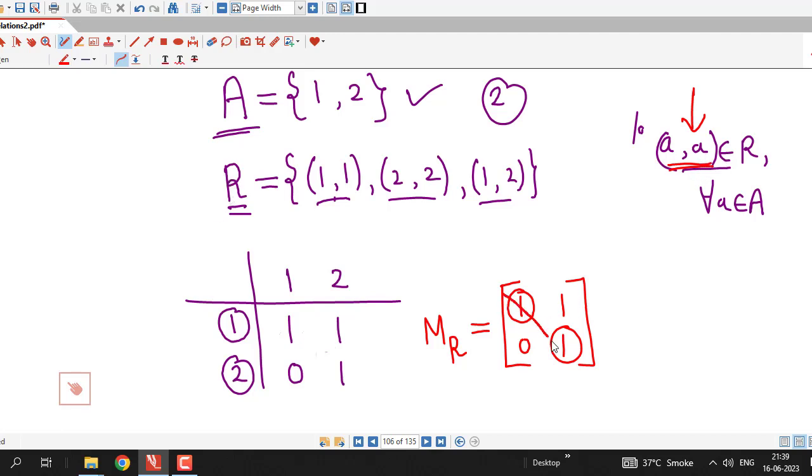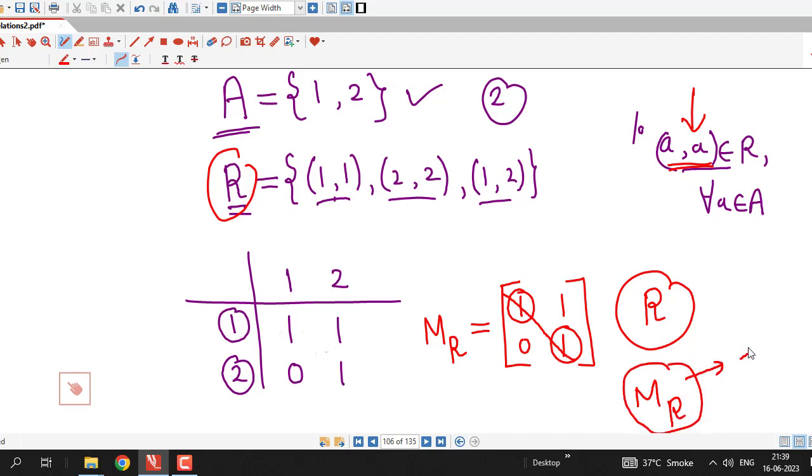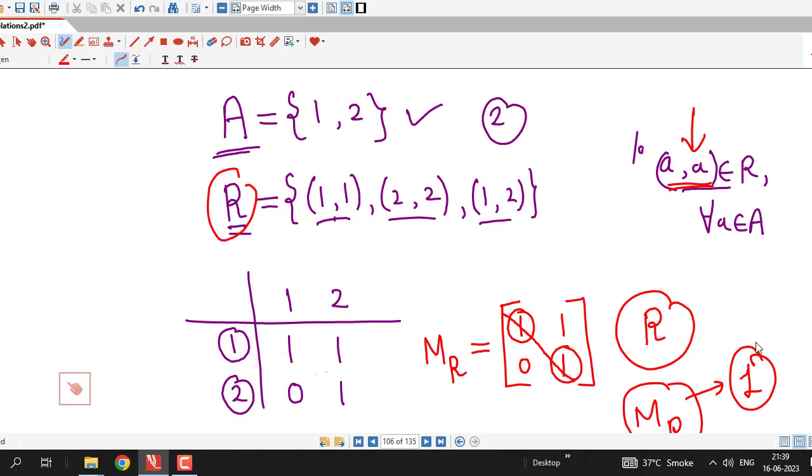So if relation is reflexive, then relation matrix has this property: all the entries on the main diagonal are 1, and this is true for every reflexive relation R on a set A. So using this property we can decide whether our relation is reflexive or not, even if we don't know the relation, and from matrix itself we can say whether this relation is reflexive or not.